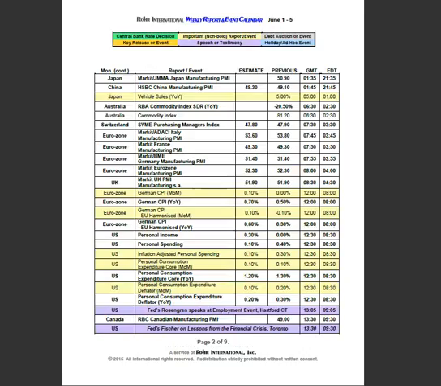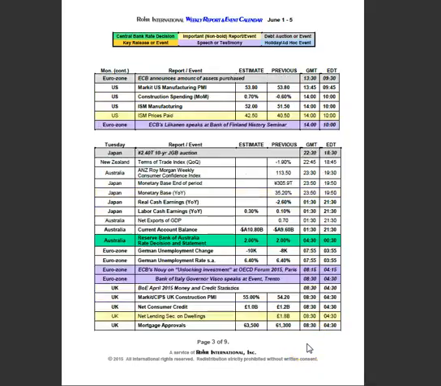And going down through the calendar, we can see where we have the very important first of the month manufacturing PMIs. U.S. personal income and spending are bold, and here's our first instance of speeches from financial luminaries, two from the Fed.